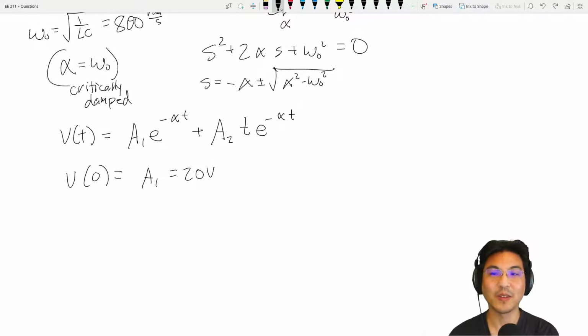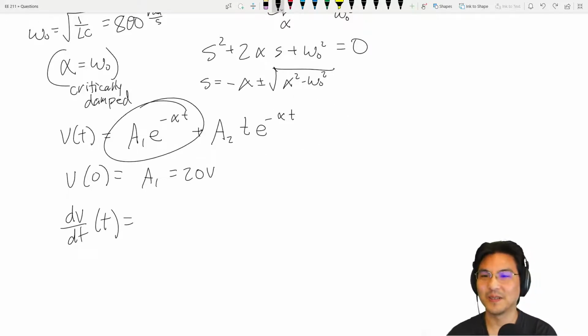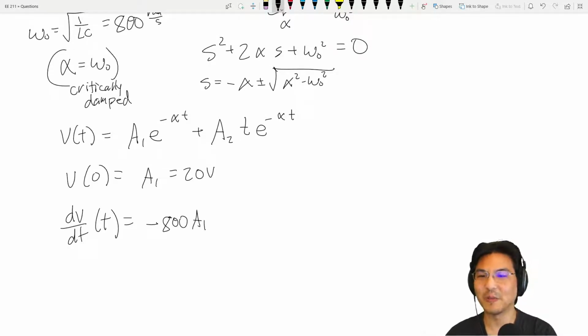So we need another initial condition, which we can use dV/dt. Just take the time derivative of this. The time derivative of that would be minus 800, alpha is 800, right, A1 e to the minus 800t. Now take the time derivative of the other term. That's a product, so product rule.